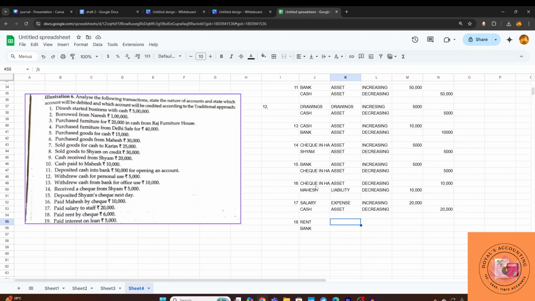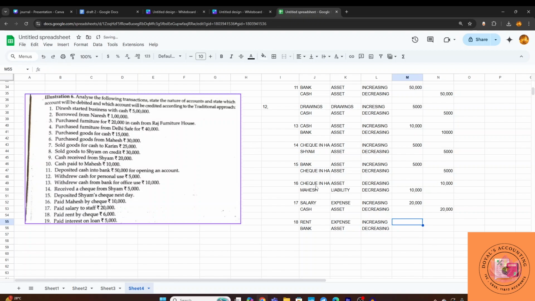That is why we have demarcated. Now here in the case of rent, they are not specifying. So we will not mention check in hand. We will directly write bank. Rent is an expense and bank is an asset. So our expense is increasing and our asset is decreasing.